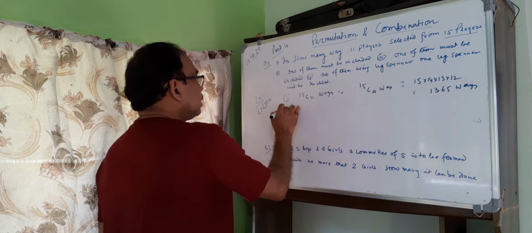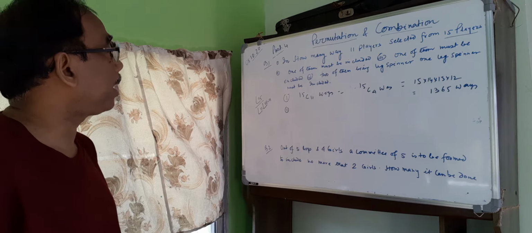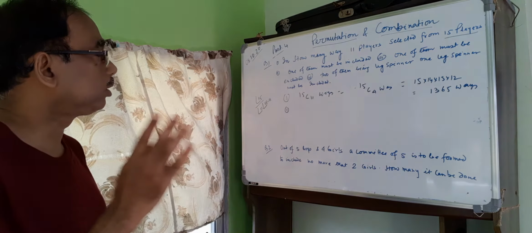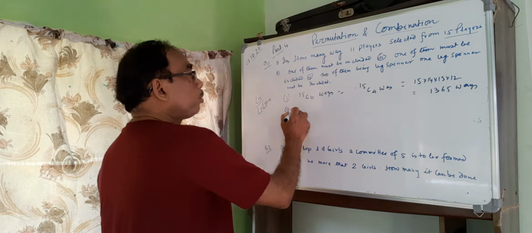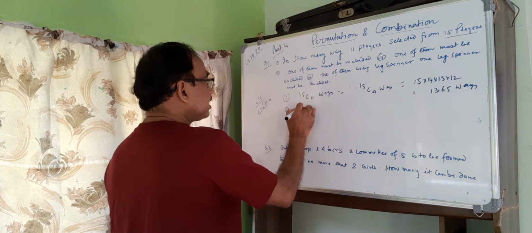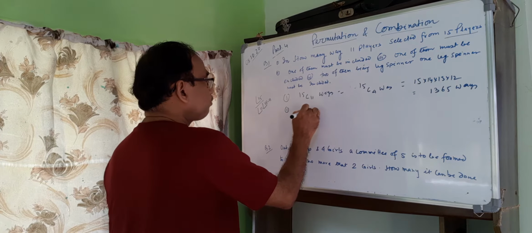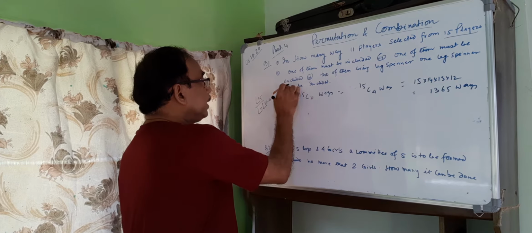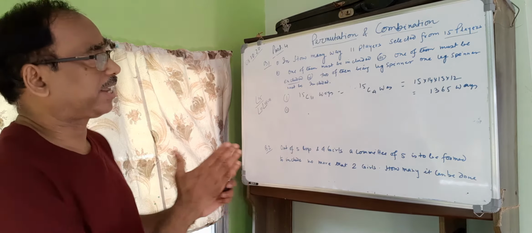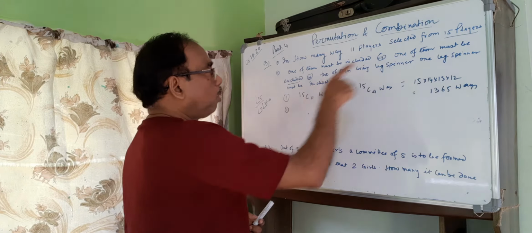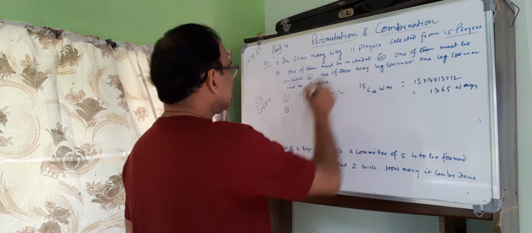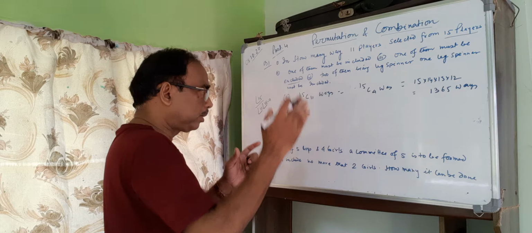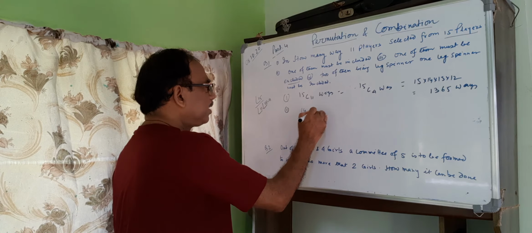Sum number 2: one of them must be included. One of them must be included means we have to take that one at first. The remaining is 15 minus 1, that is 14, and from 11 you have already included 1, so 14C10 ways.